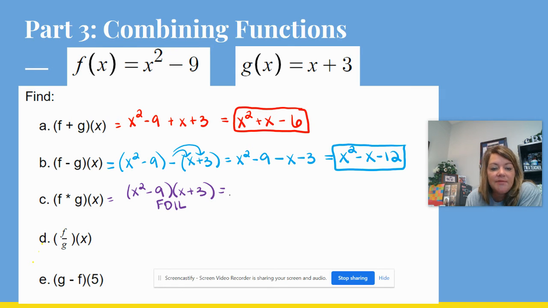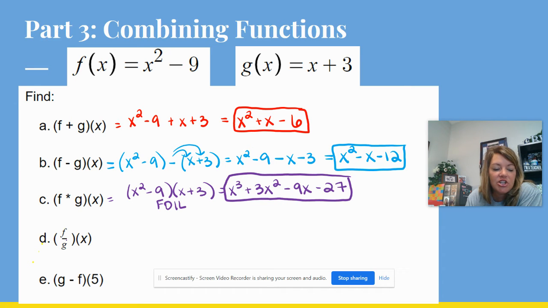So x squared times x is x to the third. Outside, 3x squared. Inside, minus 9x, and my last two terms, negative 9 times positive 3 is negative 27. Well, that wasn't bad, and I'm already in descending order, 3, 2, 1, 0. So that one's good.